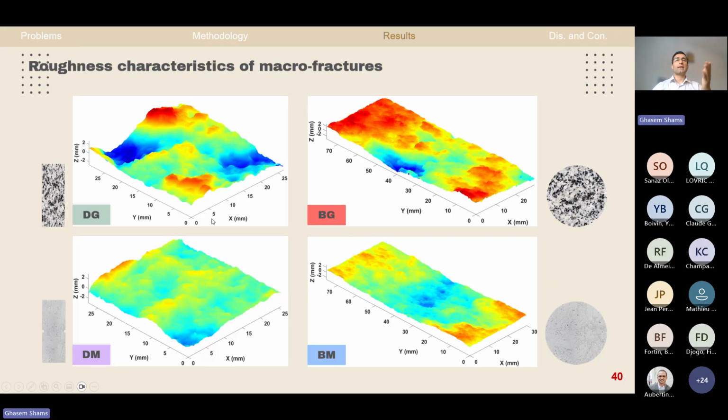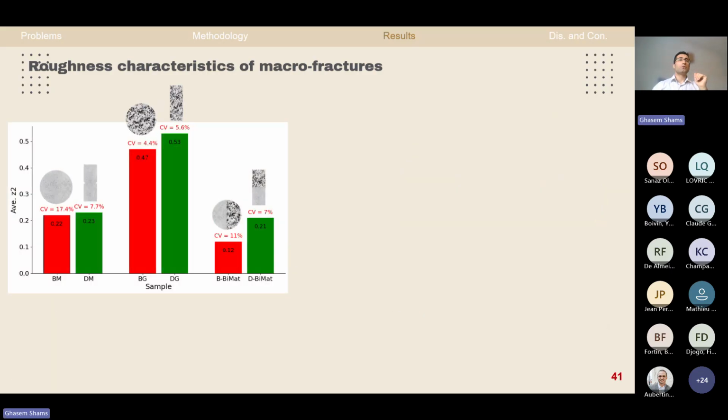From the first view, you can see that these direct tensile tests are a little rougher than these Brazilian test samples. Why? If we want to characterize or quantify this roughness, we use the Z2 value. The Z2 value is a characteristic parameter to quantify the roughness of the fracture surfaces.